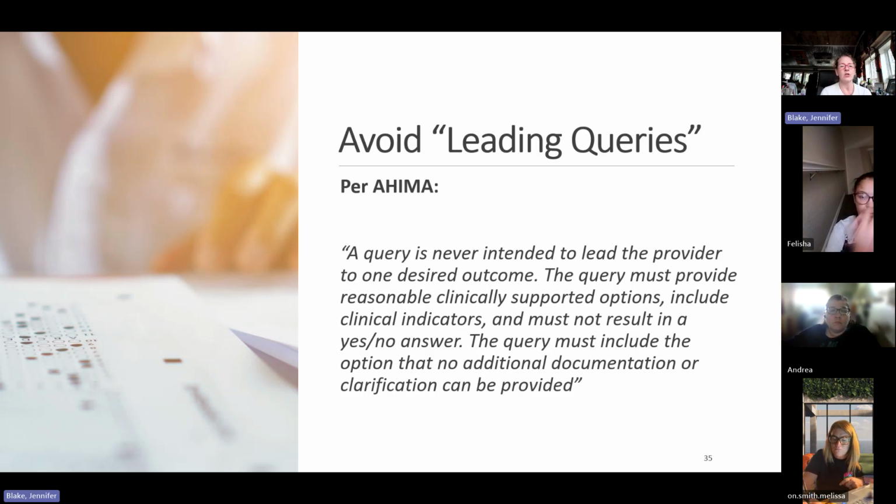We cannot ask them in a yes or no answer. And we always have to put in our query that there's an option that maybe they don't have any additional documentation. So if you ever query, most organizations you work for are going to have what's called a canned query, which means it's a standard query for each scenario you're going to come across.